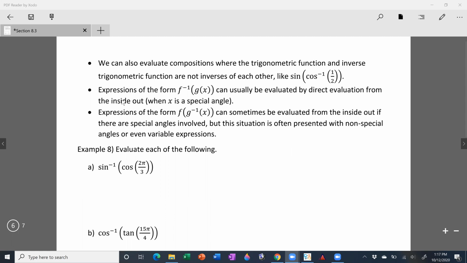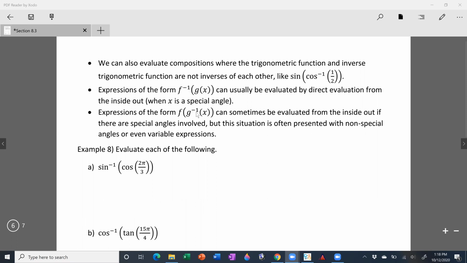Expressions of the form where the inverse function is on the outside can usually be evaluated by direct evaluation from the inside out when x is a special angle. That's pretty common, those types you can just evaluate from the inside out.